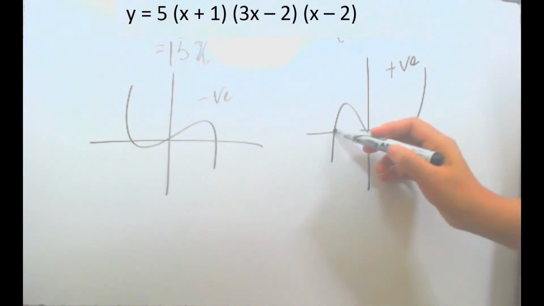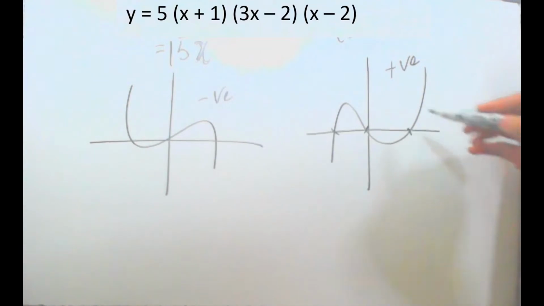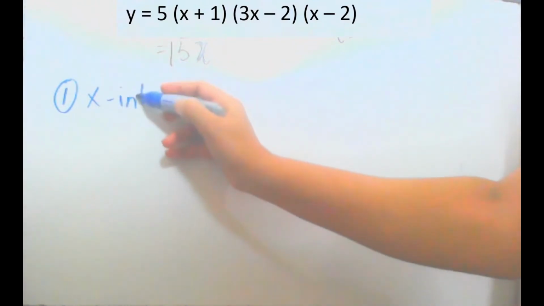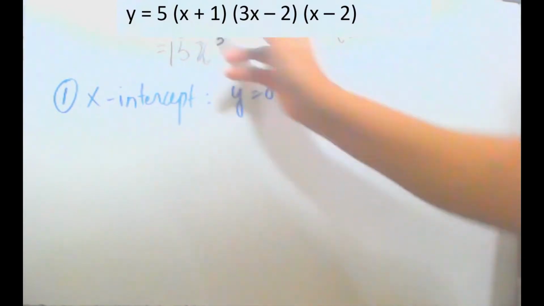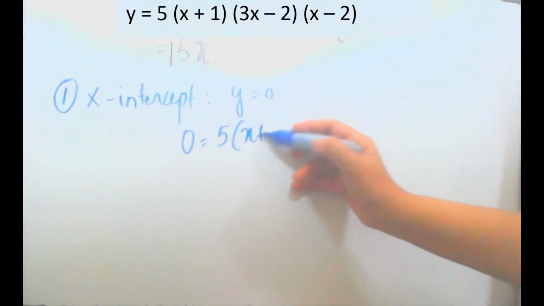Let us see at what points it is cutting the x-axis and at what point, if at all, it cuts the y-axis. Alright, first let us find the x-intercept. This is found by putting y equal to 0 in the equation. So if you substitute y equal to 0, this is what we get.